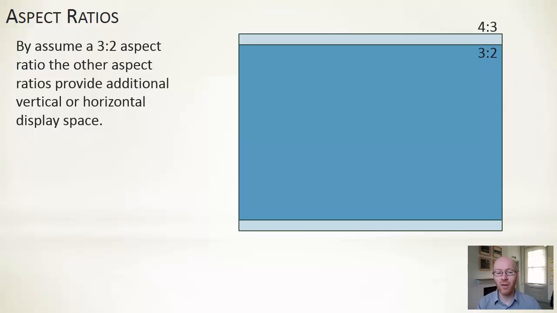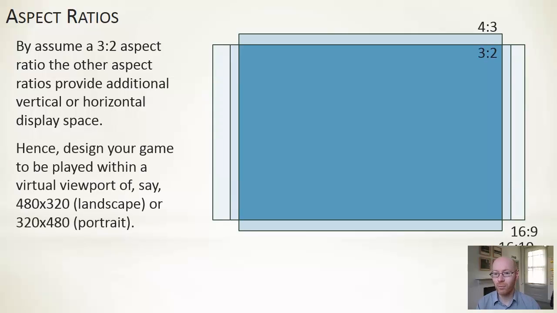But 3:2, you can view as your core game area that you will design the game around, and the other ones are just bonus space that you have available. So quite often you might have a virtual viewport, your layer or your game viewport, of say 480 by 320 landscape, or 320 by 480 if it is in portrait mode.